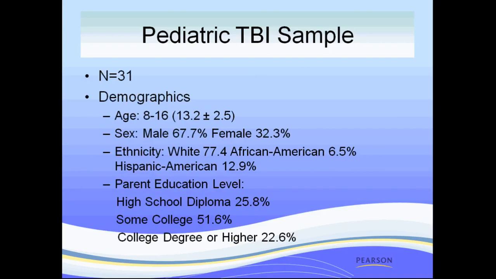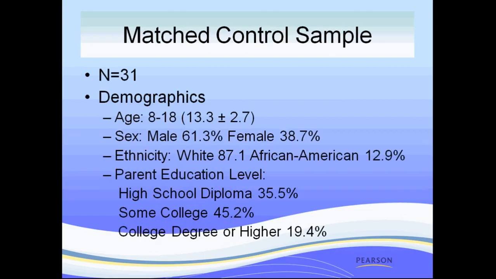The demographics, so primarily a white sample, mostly at least some college, and many had a college degree or higher, the parents. So you're seeing that this is a higher functioning group at the premorbid level, and the controls are matched pretty closely, almost identical.